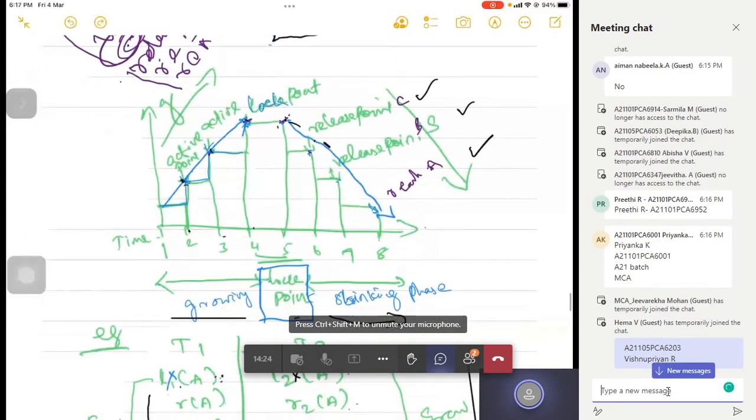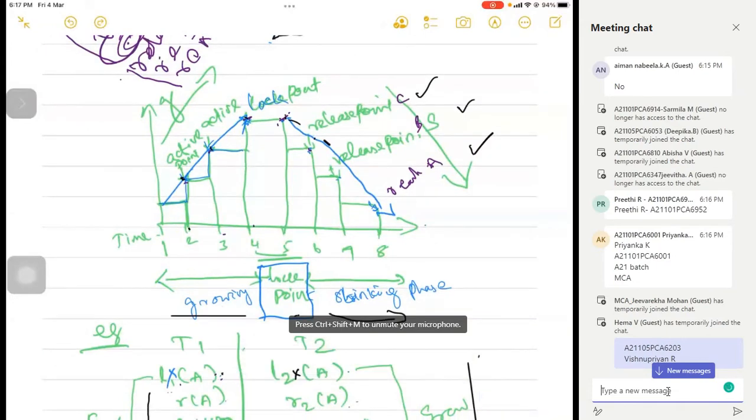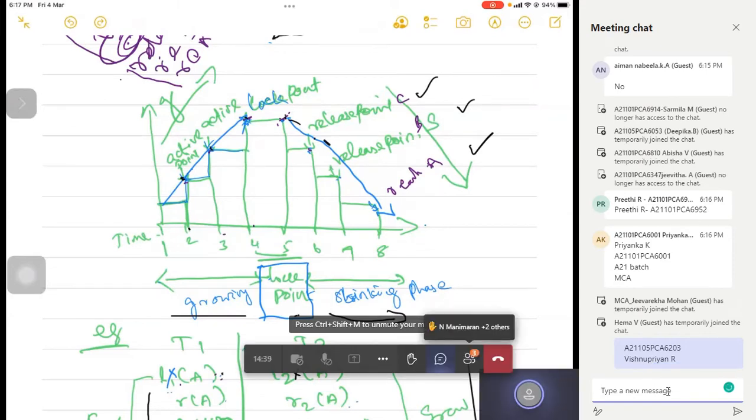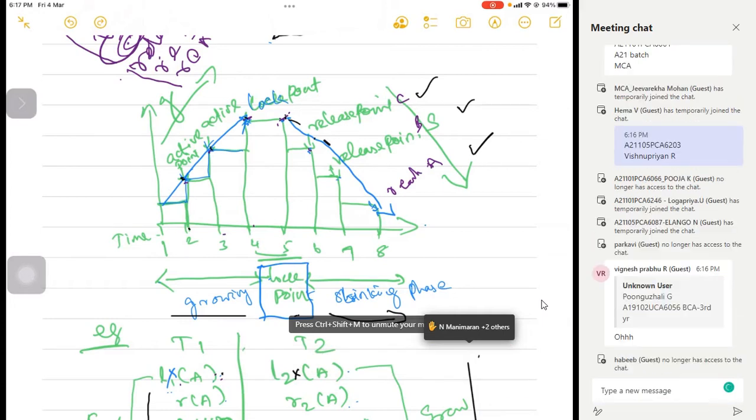Listen here. This is the time flow diagram of the two-phase locking protocol. This is the time of arrival of individual transactions, when locking will be carried out.